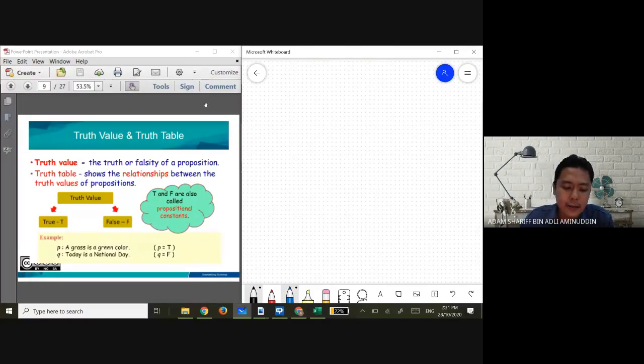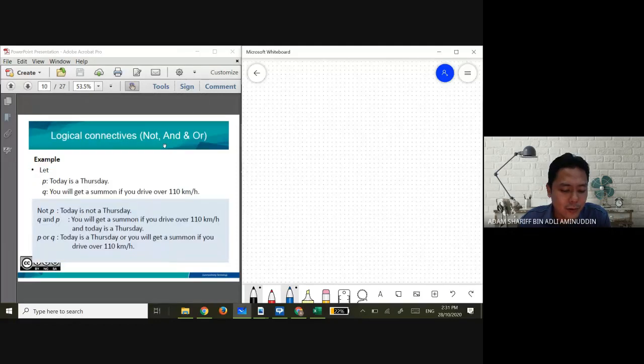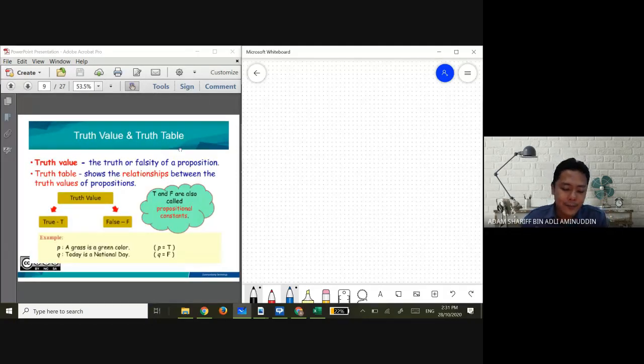Truth table, macam mana nak ajar truth table ni kalau tak guna contoh? Okay, simpan dulu dalam kepala. Truth table nanti, you will represent your P and Q in terms of whether it is true or false. Okay, so truth value, you only have two, which is either true or false.